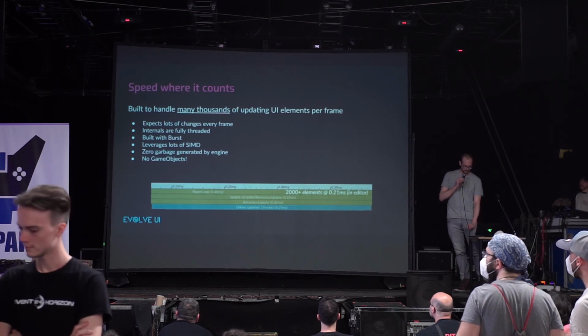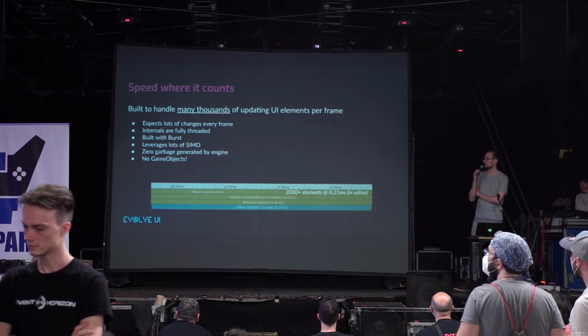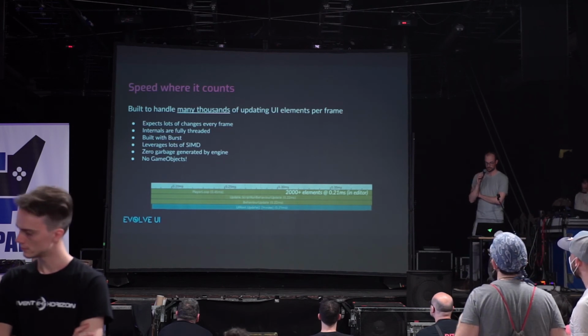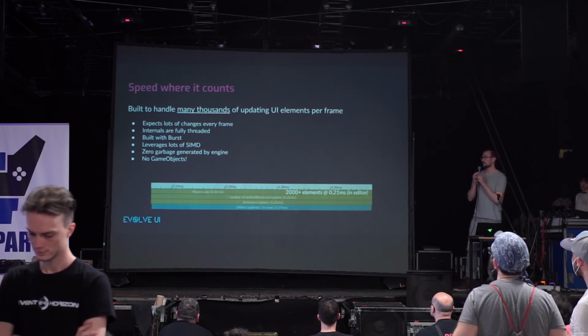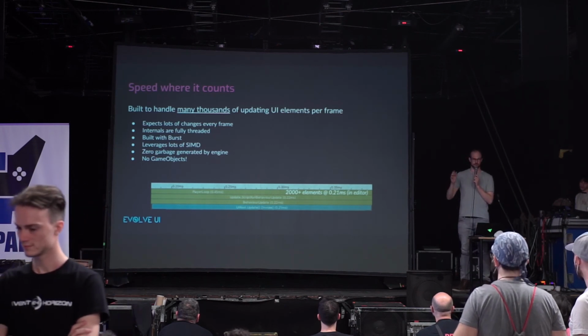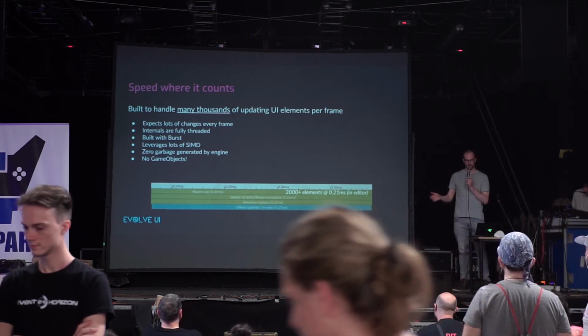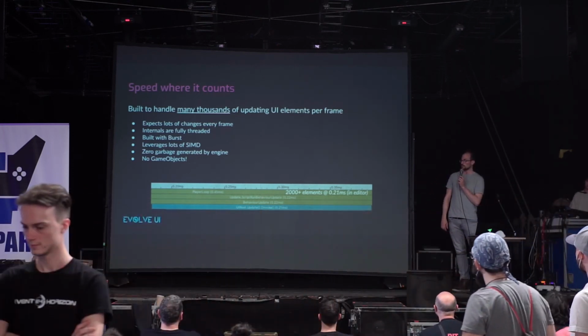And the last thing I want to talk about is this thing is built to handle thousands and thousands and thousands of elements every single frame. So most UI systems out there are built in such a way that they optimize for the case where nothing changes. So you, sort of like the web, you click a button and then you expect things to change kind of naturally. But that's not at all how games are built.